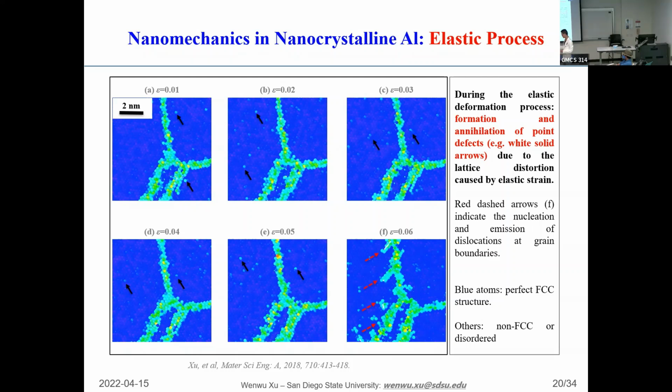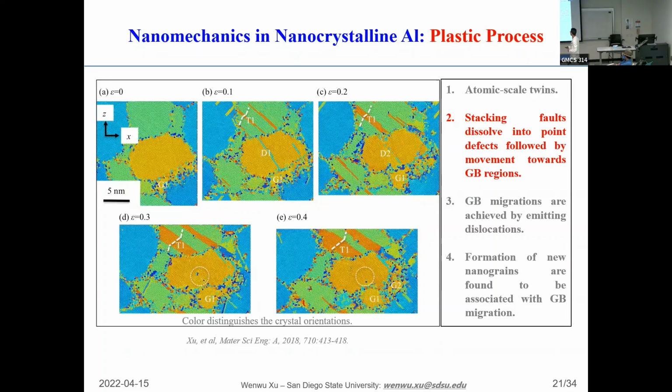And in a plastic range, of course, we see lots of dislocations, and then also some other deformation mechanisms like grain boundary migration. For example, we see this grain boundary here, and then there is a grain boundary migration, and this is actually associated with the dislocation activity as well.